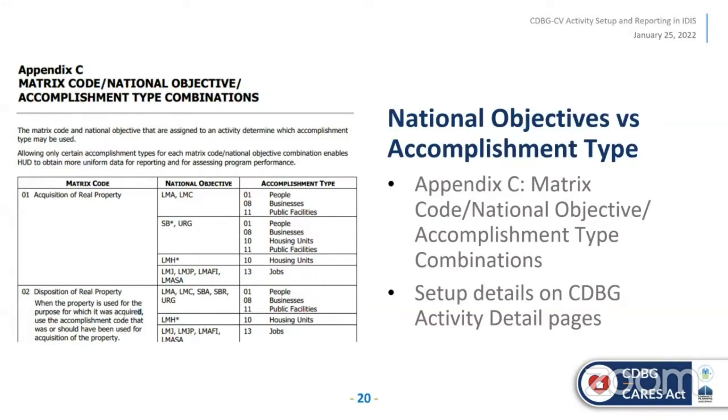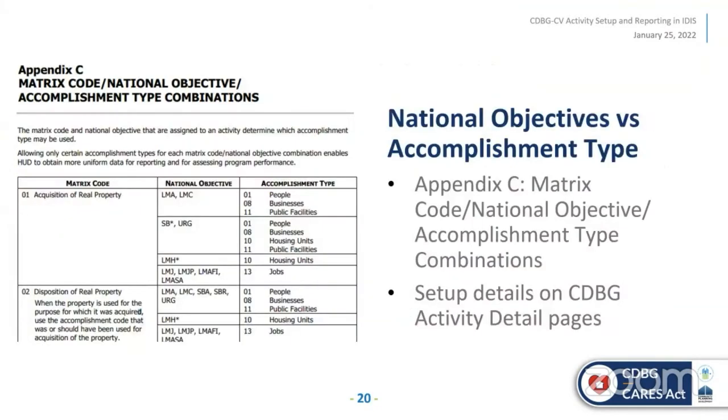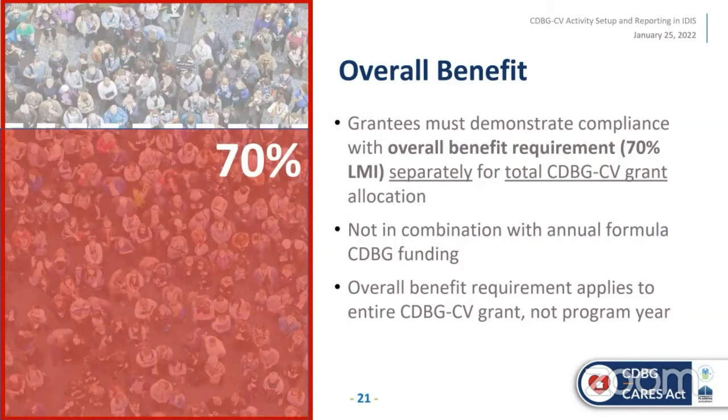Right? And so once you get this basic information started on your CDBG main page, right, you will be setting up all the activity details. And one of those to think about when we're talking about national objectives is the overall benefit test.